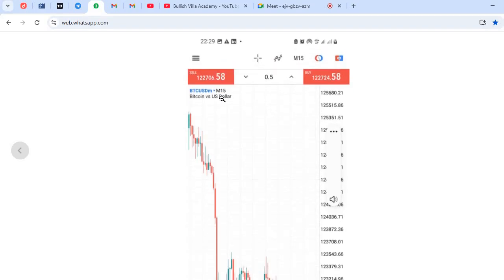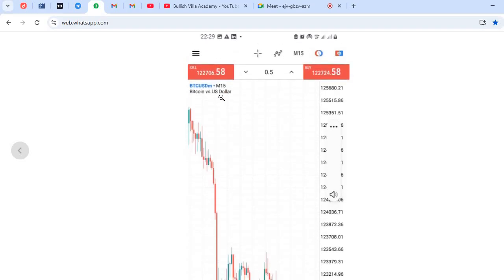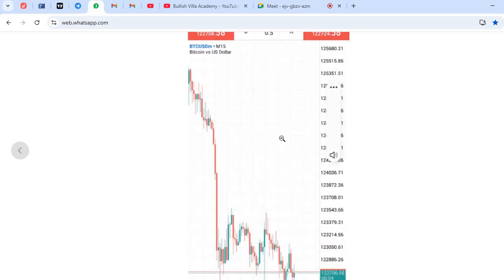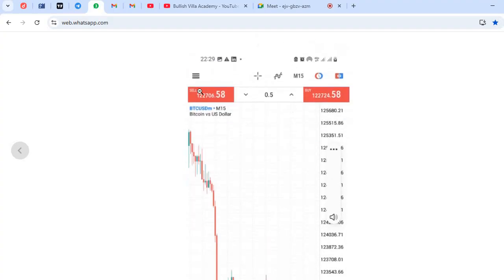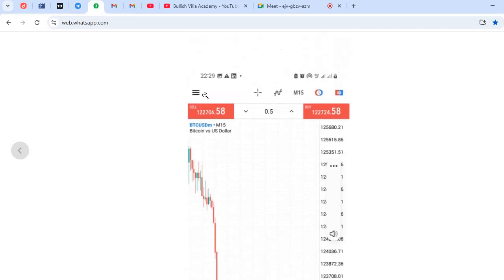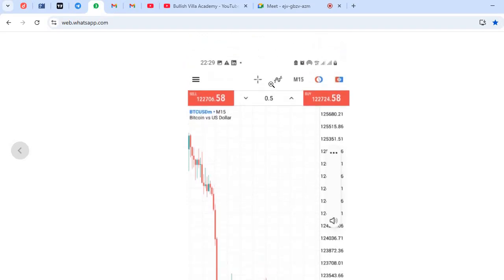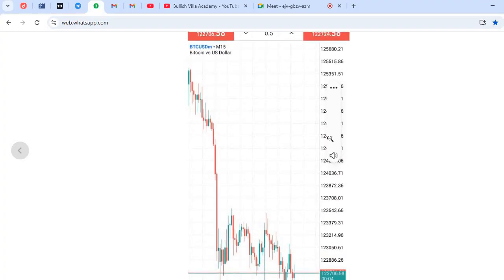You can change it to 15 minutes, 30 minutes, 1 hour, whichever one. If you're on the chart like this and you want to enter a trade, you can see we have sell here and buy here. It's very simple. Just change your lot size, enter your sell or your buy, and it's going to appear. Understand?